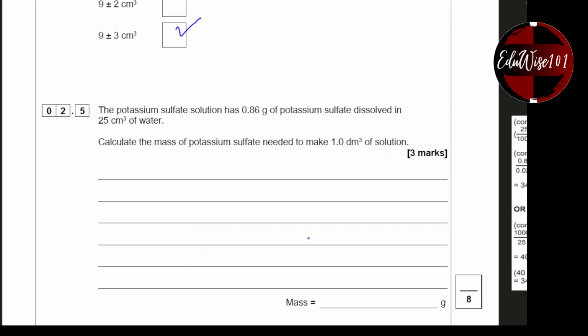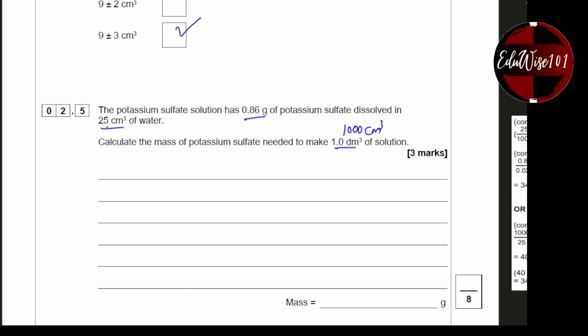Question 2.5. The potassium sulfate solution has 0.86 grams of potassium sulfate dissolved in 25 centimeter cube of water. Calculate the mass of potassium sulfate needed to make 1 decimeter cube, which is basically 1,000 centimeter cube.